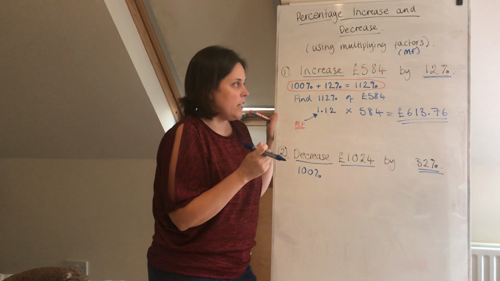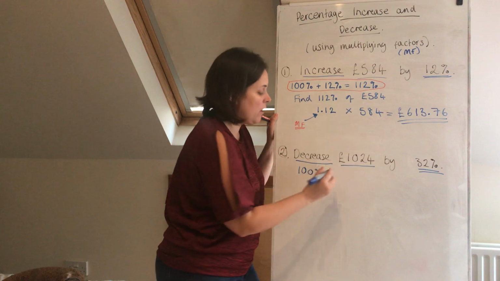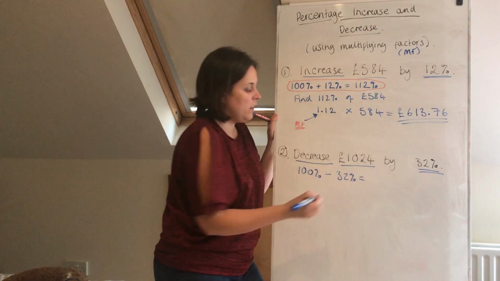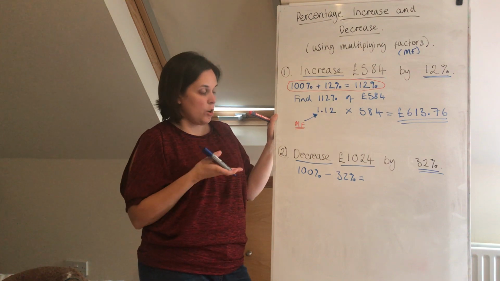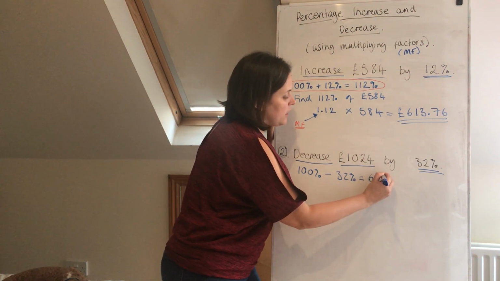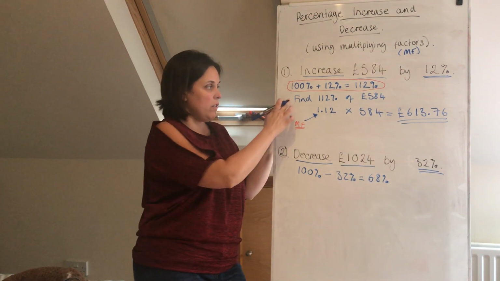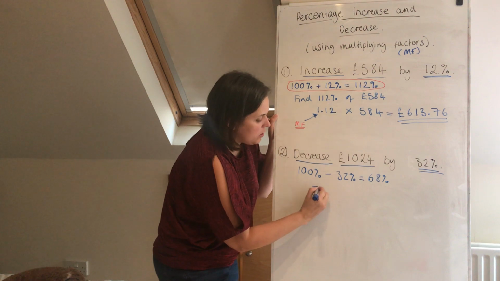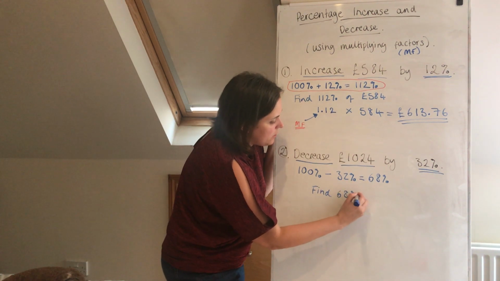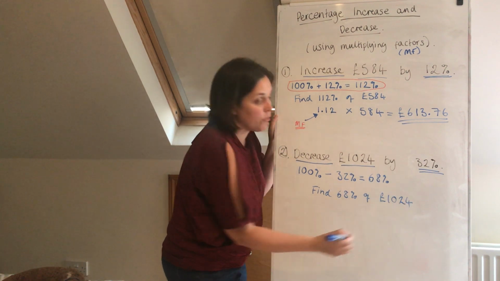We're going to decrease, now if you decrease something, you're taking away by 32%. Okay? So all you do is 100 take away 32, and that gives us 68%. So now what we're going to do, just like here, is we're just going to find 68% of 1,024.